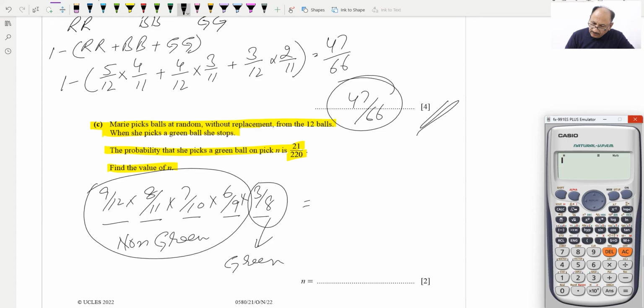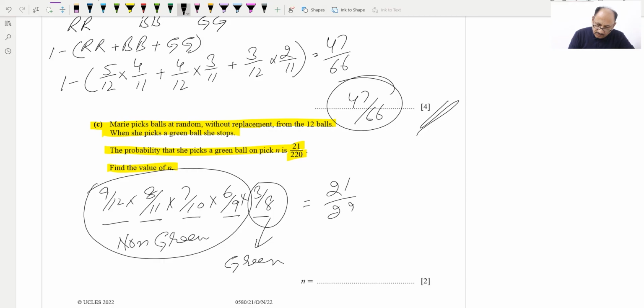Now we can multiply with the help of a calculator, and this will be 9 over 12 multiplied by 8 over 11, multiplied by 7 over 10, multiplied by 6 over 9, and the last one multiplied by 3 over 8, and this will be equal to 21 over 220.